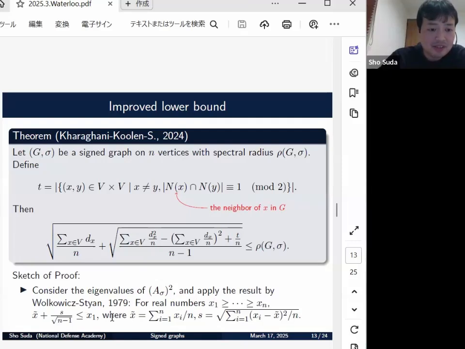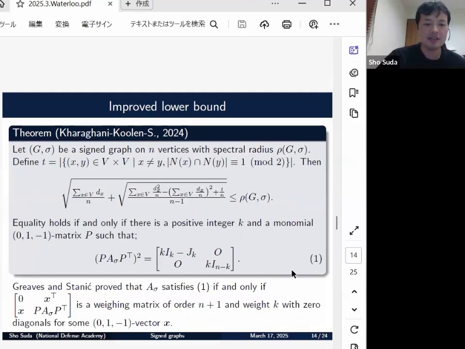Roughly speaking, these two proved that for n real numbers x1 to xn, the maximum value x sub 1 is at least the average plus some variance term. So just applying this result to our case, we can conclude our improved lower bound on the spectral radius of signed graphs.